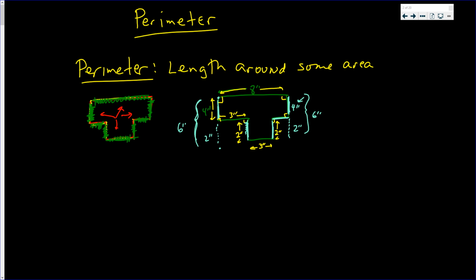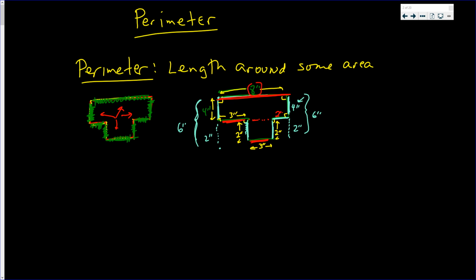Now, the whole way across is 8 inches. I know that. Well, this is 3 inches, and this is 3 inches, and again, I can bring these 3 inches up here. So this is 3 inches, this is 3 inches, that must be 2 inches. That way it adds up to 8.